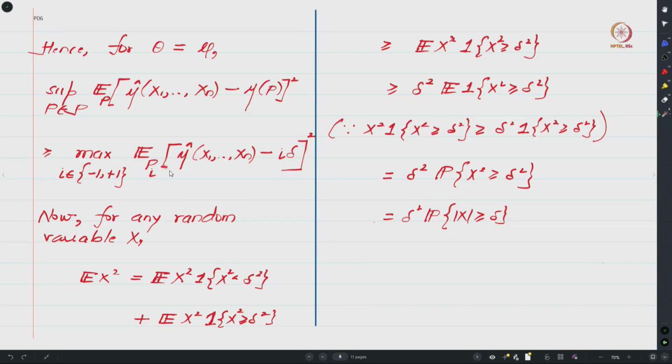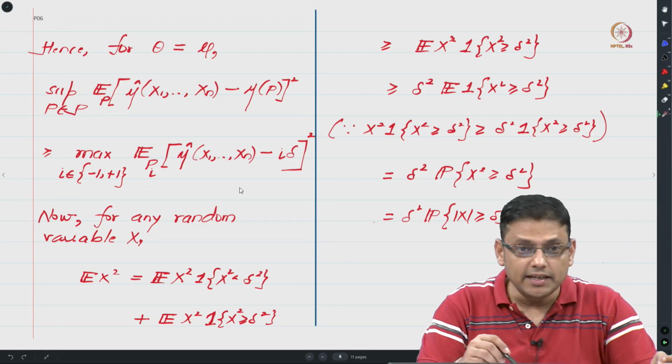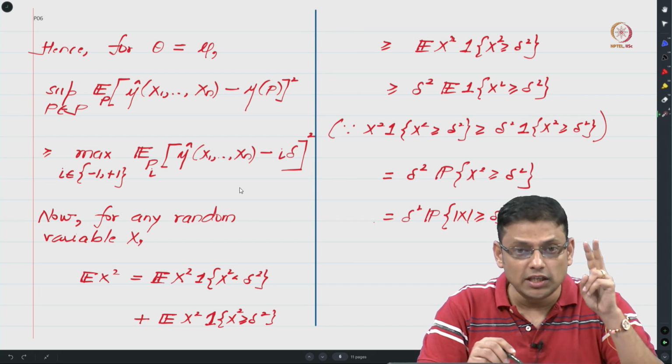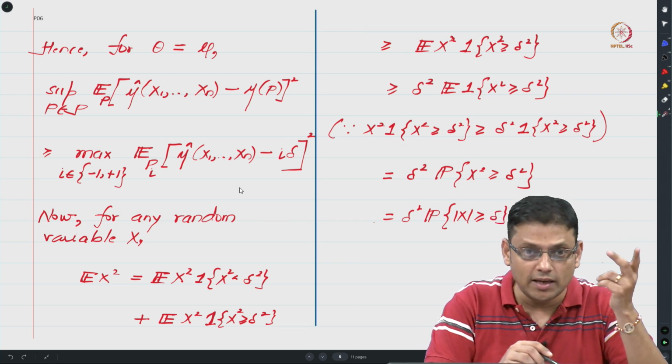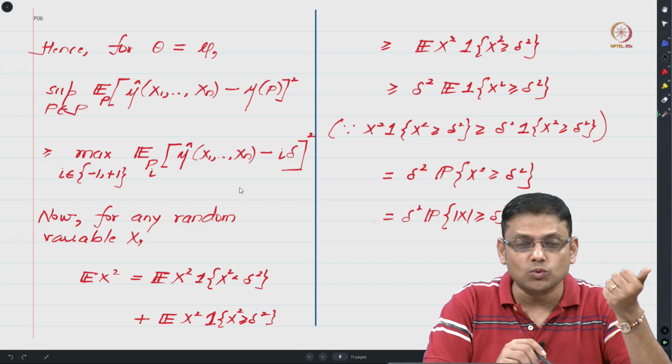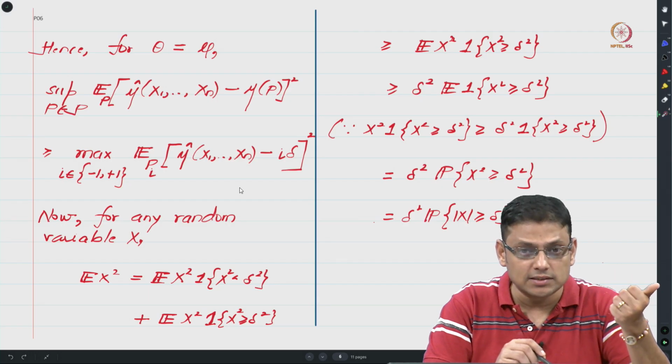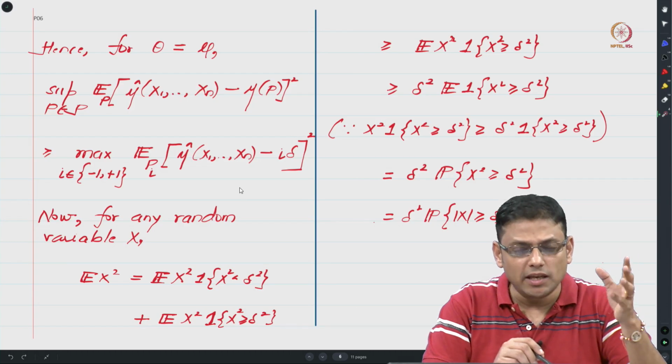So here you can see that you have some random variable, and we are going to bound this expression by some quantity like this. I would again like to highlight what I have written over here. As I told you, we were taking the supremum over all possible P's. On the right side, we are going to restrict our attention to these two distributions, P minus 1 and P plus 1, where P plus 1 is the Gaussian distribution with mean plus delta, and P minus 1 is with mean minus delta.